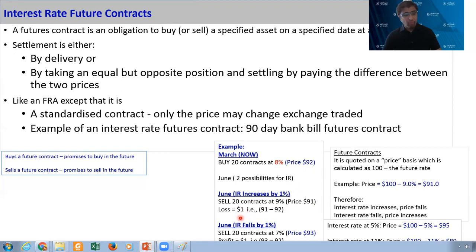What if the interest rate falls from 8% to 7%? If the interest rate falls to 7%, then you sell at 93, and in this case you gain 1. You bought for 92 and you sold for 93, so you are making 1 ringgit or $1.